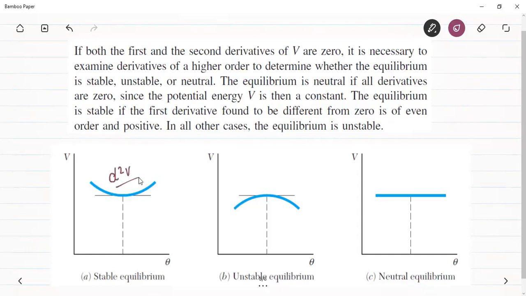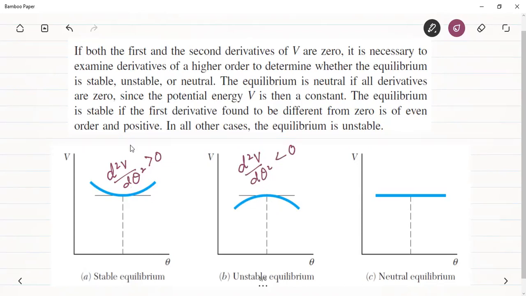If the second derivative of this potential energy function comes out to be positive, it is the case of stable equilibrium. And if the second order derivative comes out to be negative, then it is the case of maxima. The maximum potential energy corresponds to unstable equilibrium.